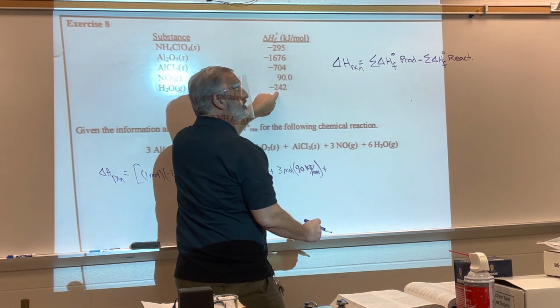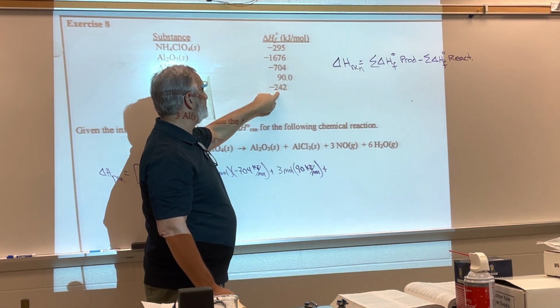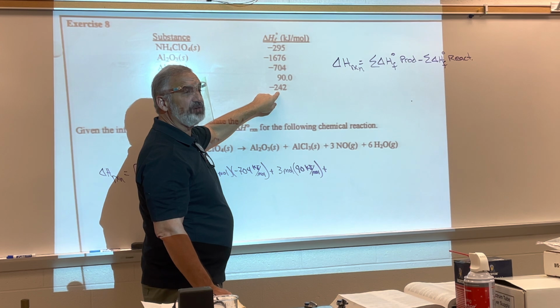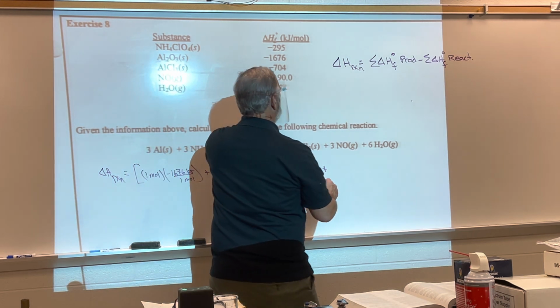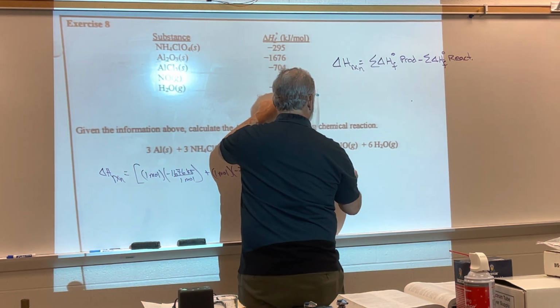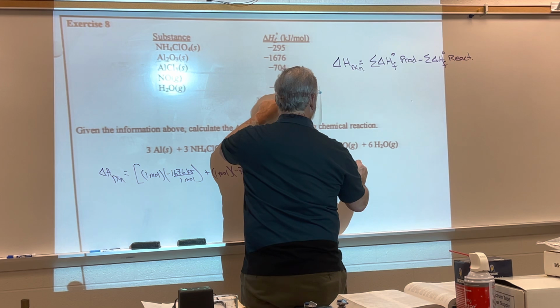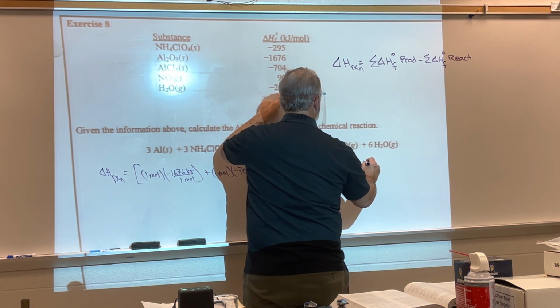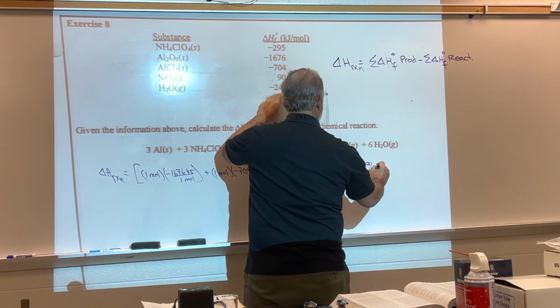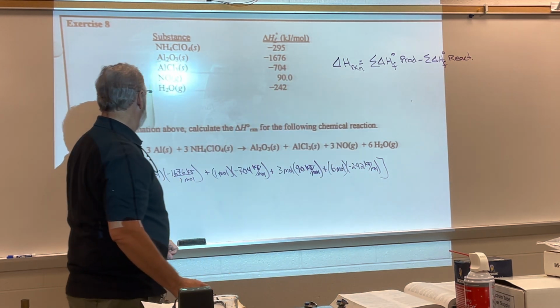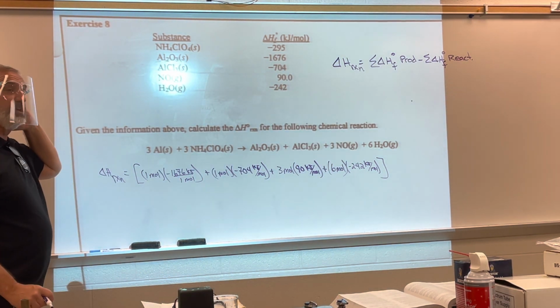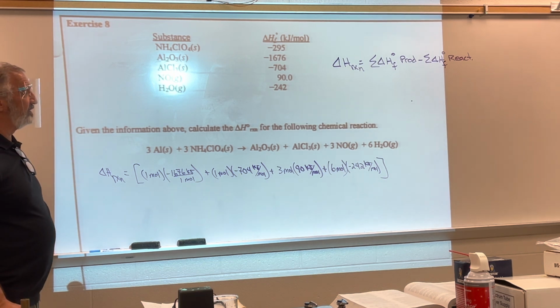The value for liquid was 296 or something like that, but some of the energy is used up to break the bonds to make it go to the gas, so it's not as high. But it's going to be 6 moles times negative 242 kilojoules per mole. And all of that is strictly the sum of the heat of formation of the products.